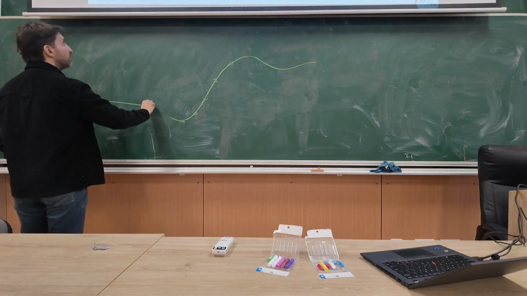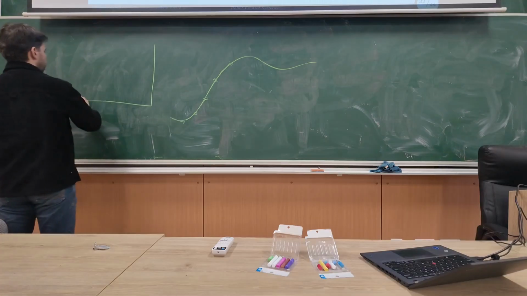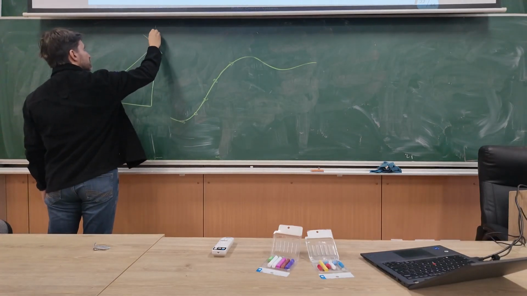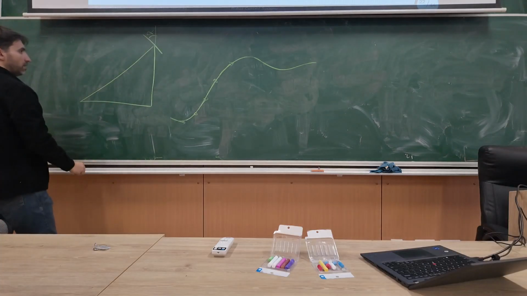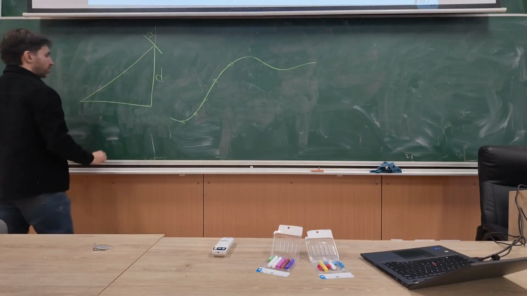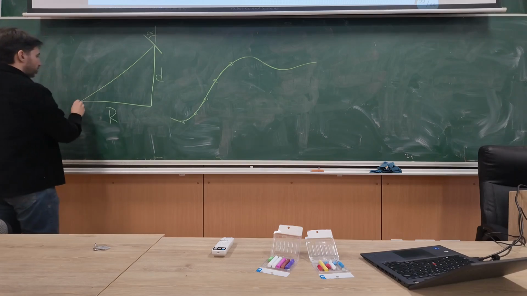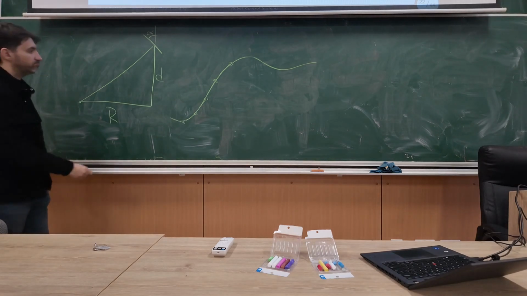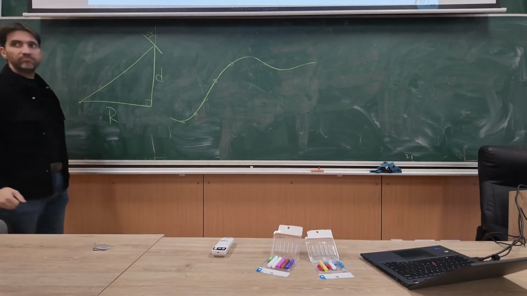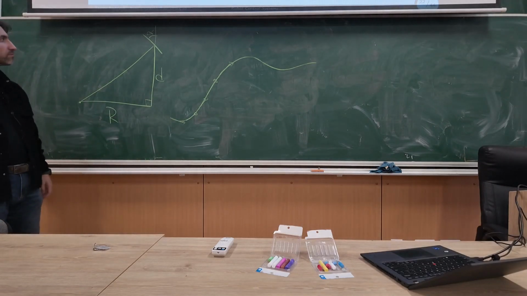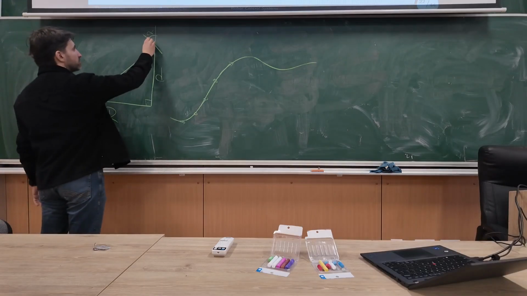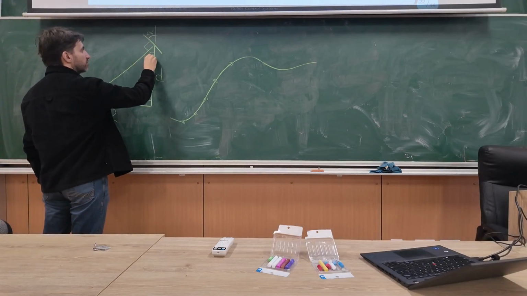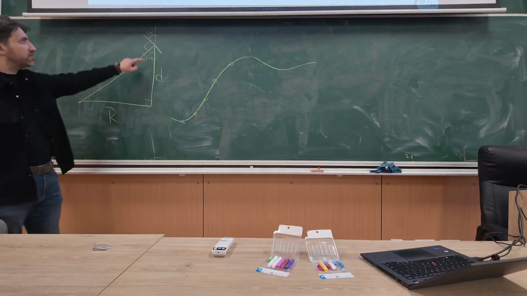Basically I have this triangle. This is alpha, and then I know this distance d, and I want to know what R is. The other angle is 90 minus alpha, because this is perpendicular.